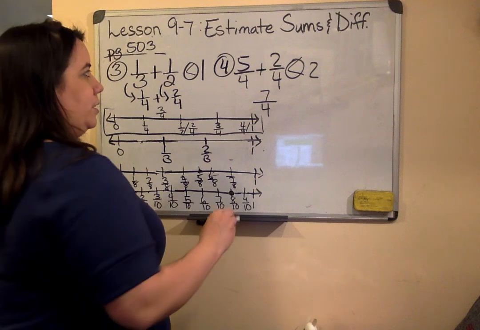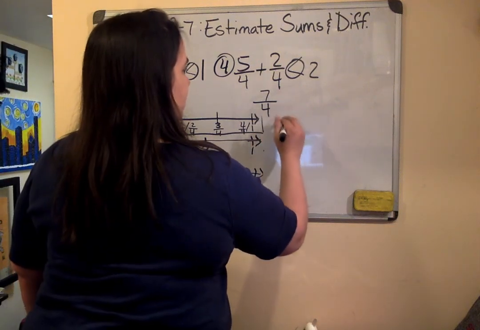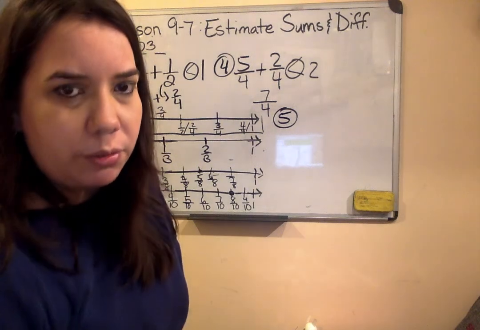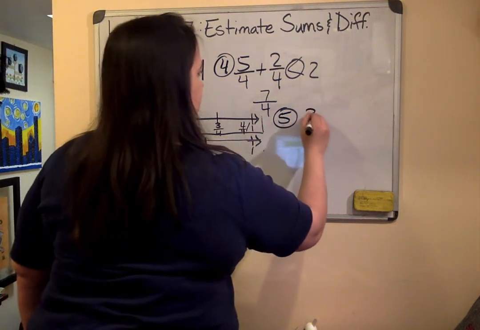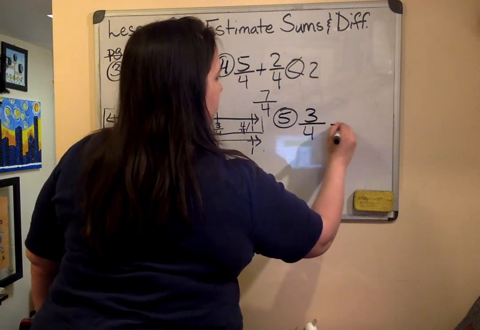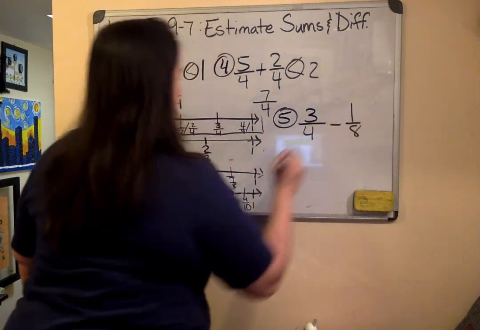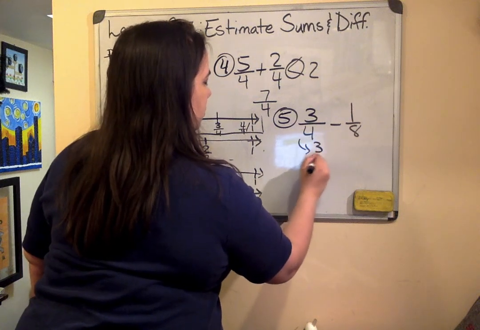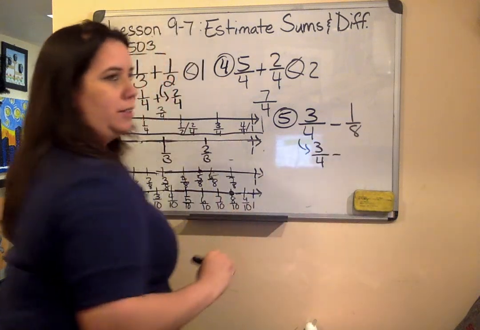All right, let's go on to number 5. I'm going to work over here. So number 5 is 3/4 minus 1/8. 3/4 menos 1/8. Again, 3/4 is a benchmark fraction. I'm not going to change that one. 3/4 es una fracción común. No voy a cambiar ese.